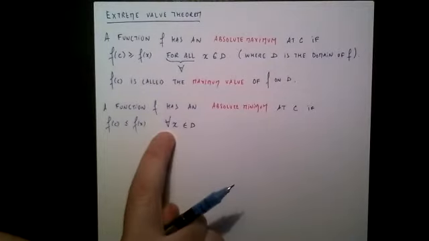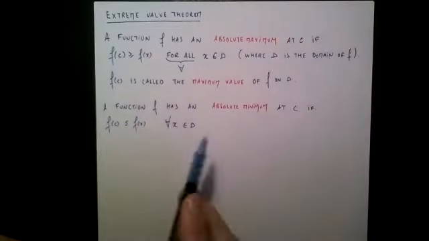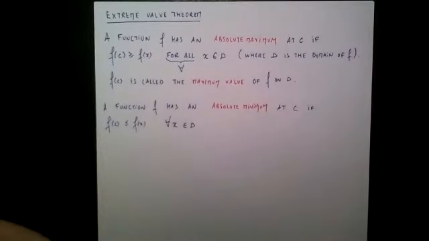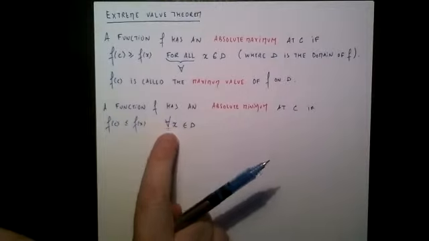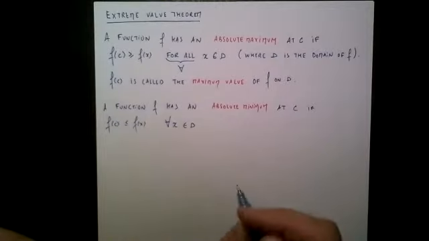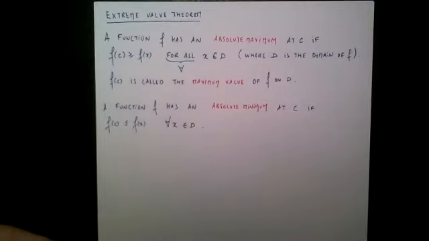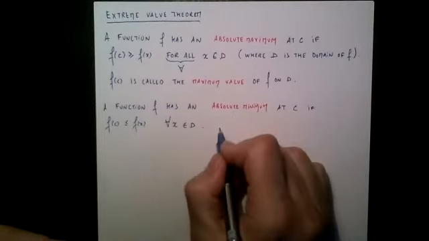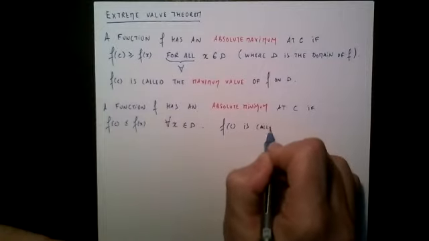Okay, so this is our symbol for all, because I'm very lazy. I don't want to write for all every time. I'm just going to use this symbol. Okay, it's very good for you to get used to math symbols. I'm going to save a lot of ink. Okay, and of course f of c is called, what's it called?